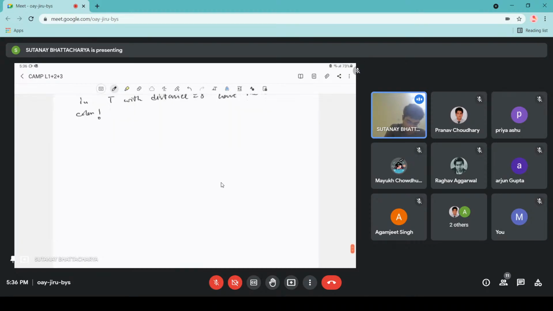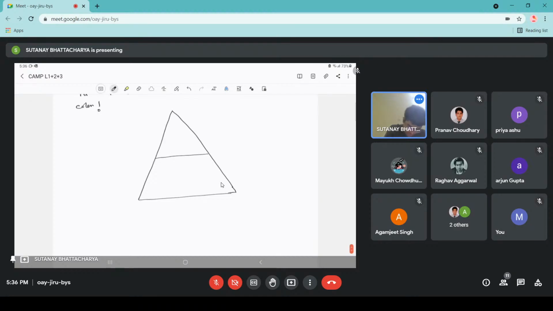So let's see why that is true. I'm gonna try to draw a large-ish equilateral triangle.